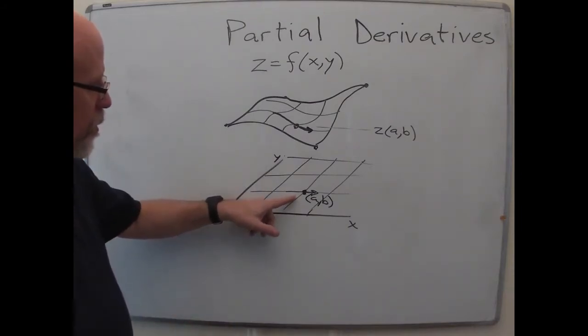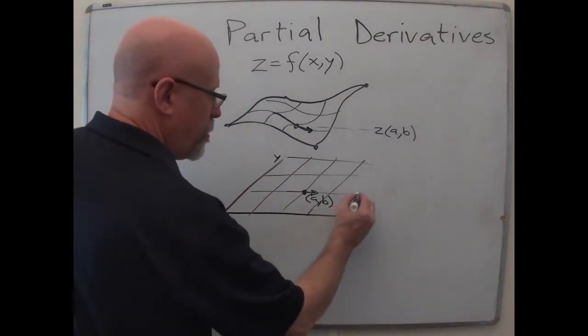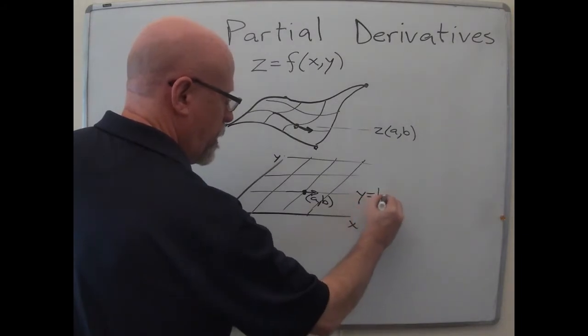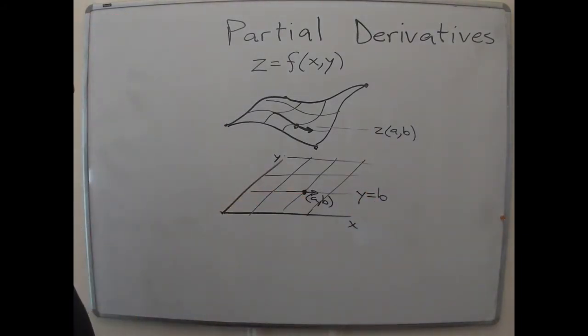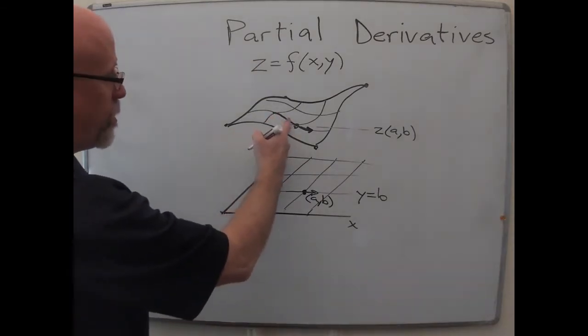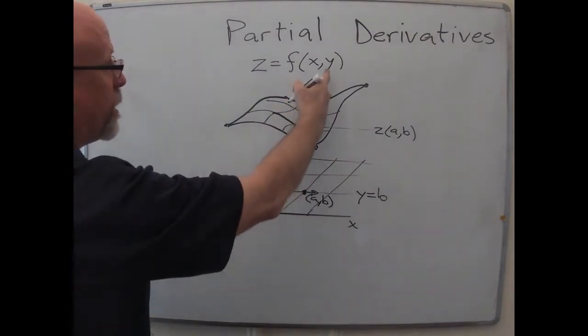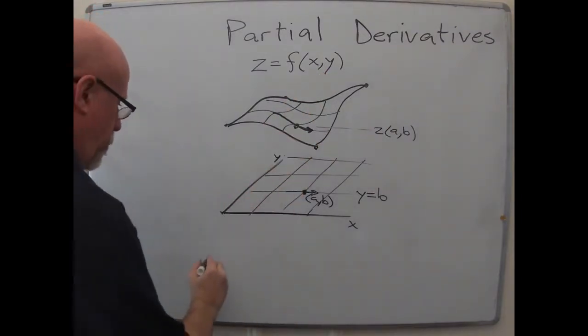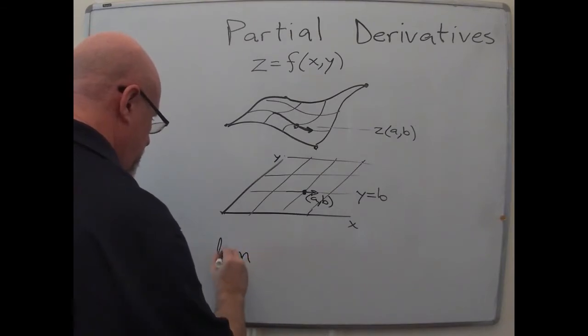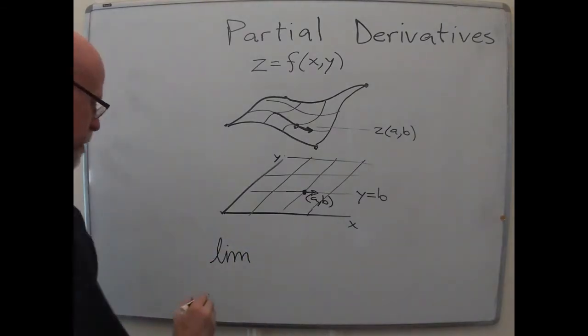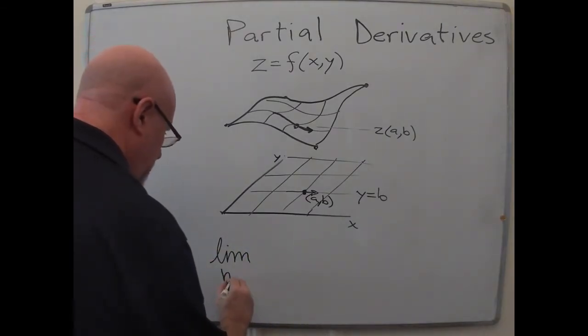I've just turned the question into something that we did previously. So this line is where y is equal to b. And I can get you the derivative of this motion because the thing changing here is just x. The y coordinate is b. So let's write it as we would with limits, the definition of the derivative.